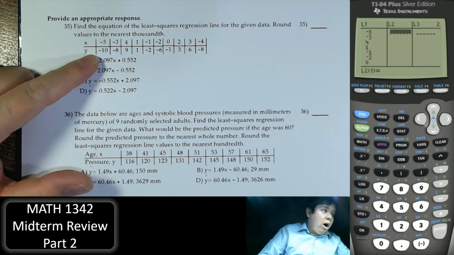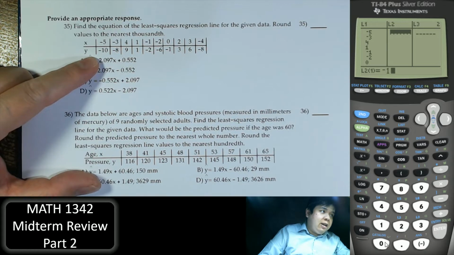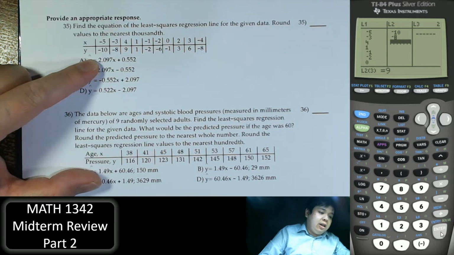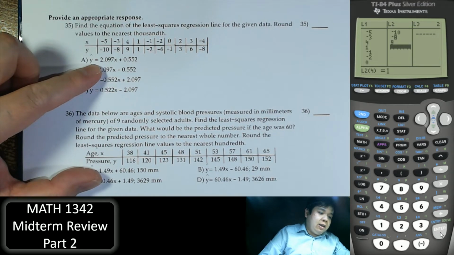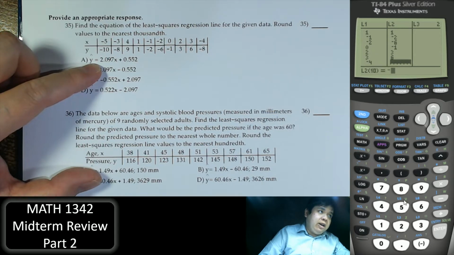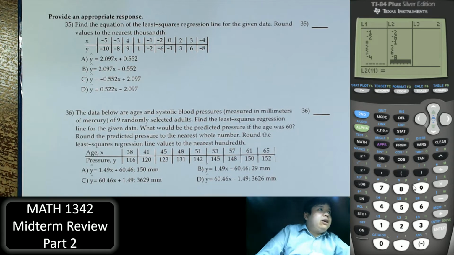Right, y: -10, -8, 9, 1, -2, -6, -1, 3, 6, and -8. Right. Second mode, back to home screen, and then we do it again.